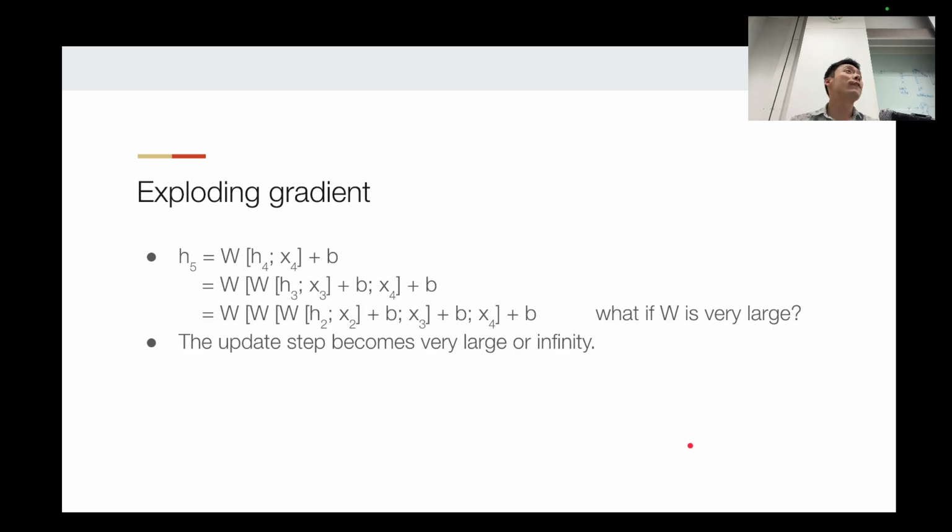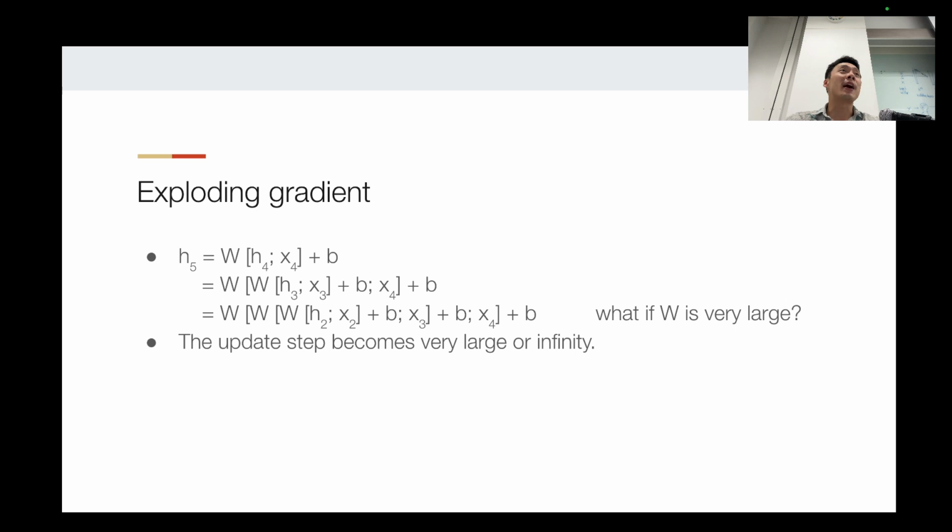For the very same problem, if W is, say, 2, and you propagate back the error, you get 2 to the power of 50, or to the power of 100, then it's going to explode.